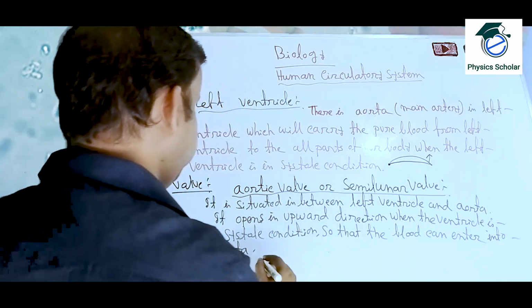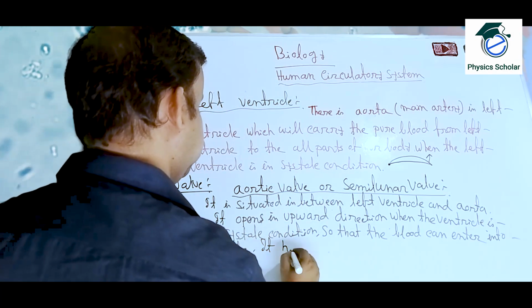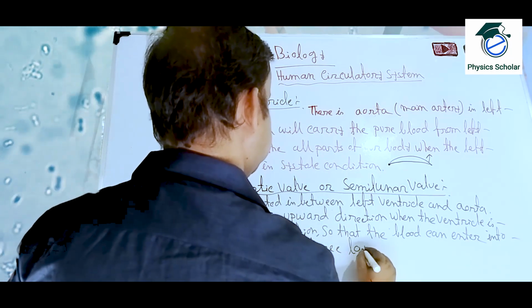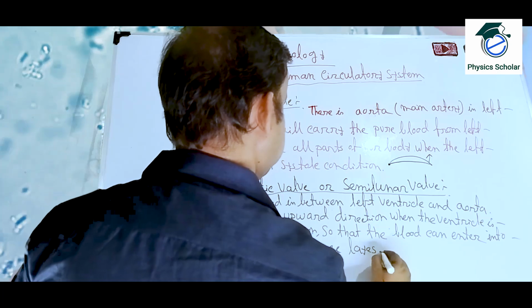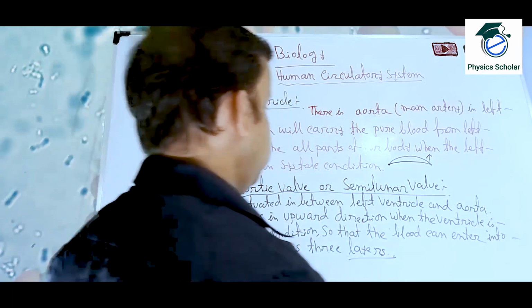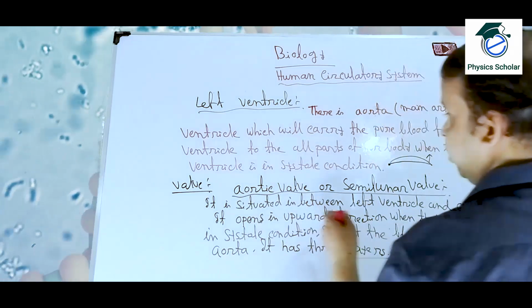It also has three layers. So this is the semilunar valve or aortic valve.